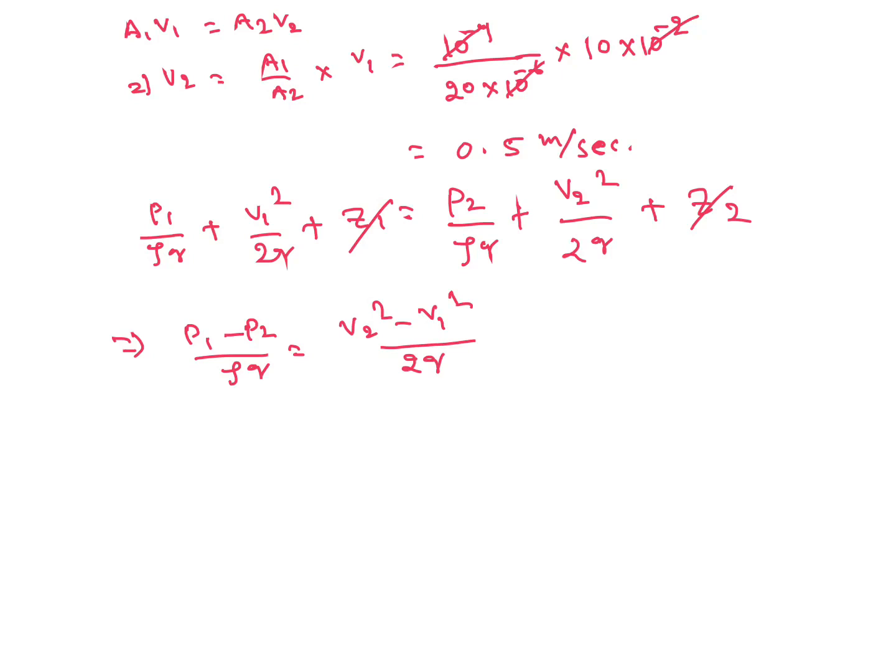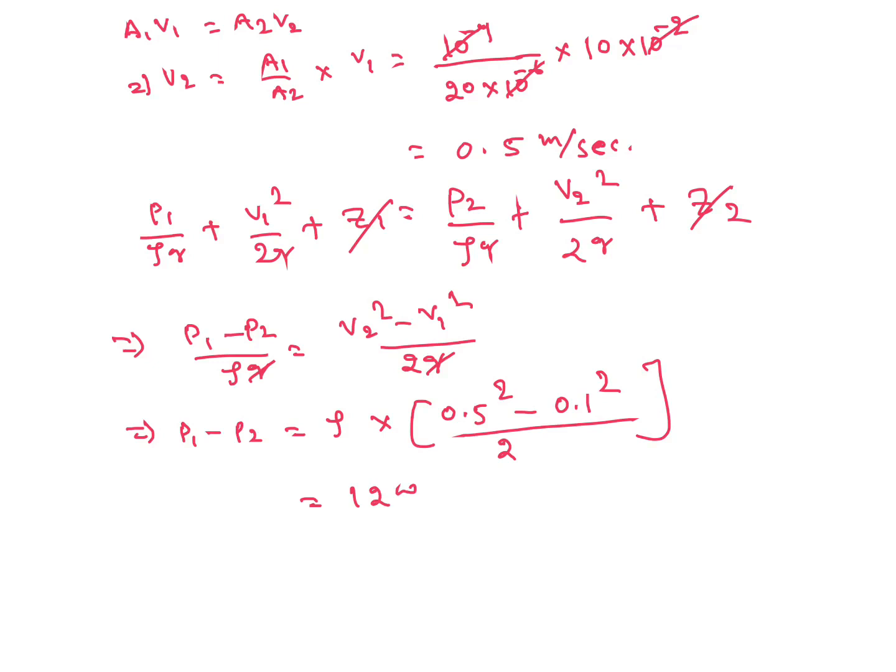P1 minus P2 equal to rho into V2 square minus V1 square by 2. V2 we already got, 0.5 square, minus V1 is 10 into 10 to power minus 2, it's 0.1 square, by 2. So 1200 by 2 into a square minus b square, 0.5 plus 0.1 into 0.1.